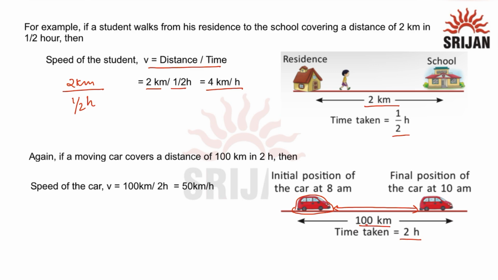We have distance 100 kilometers and time 2 hours, and we have to calculate the speed. The formula is the same: speed equals distance upon time. Putting in the values, 100 upon 2, the answer is 50 kilometers per hour.